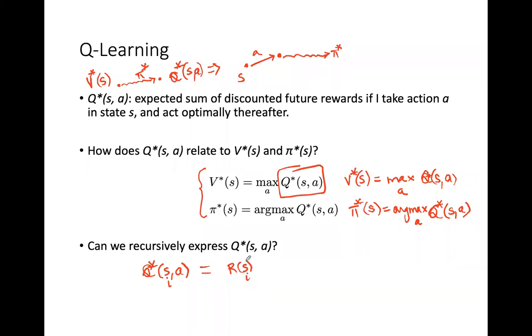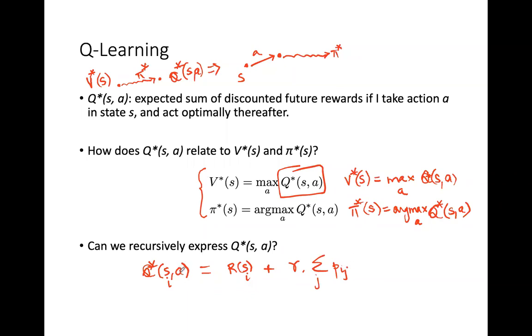So I will collect an immediate reward and then the usual mouthful of qualifiers: discounted sum of expected future rewards. So there's my discount factor. And now we need the expectation term. After I take action A in S_i, I could find myself in a whole bunch of states S_j. So I will weight each of them by the appropriate probabilities.